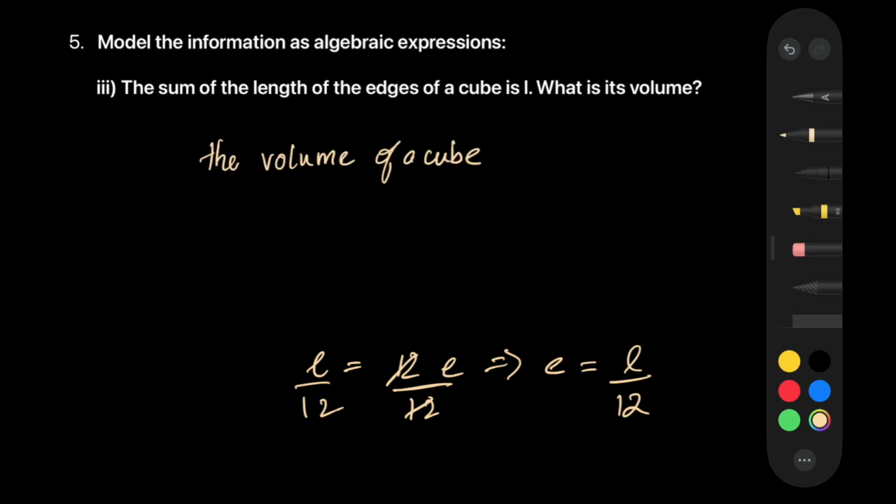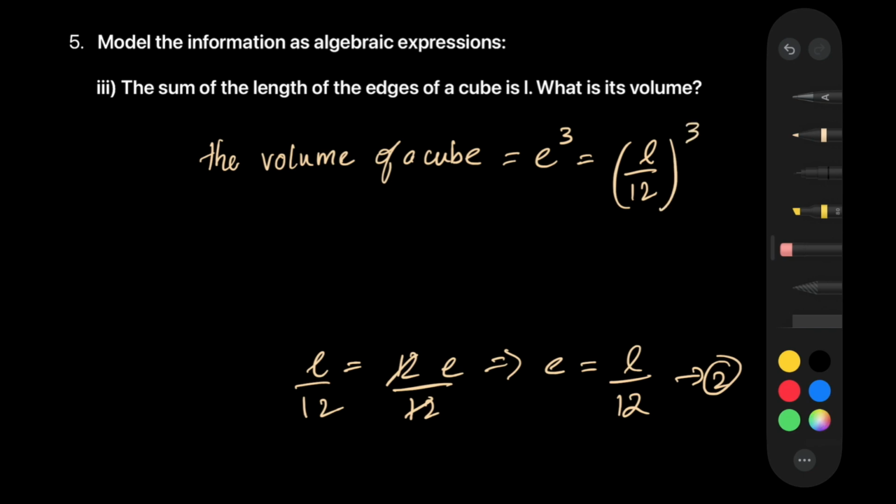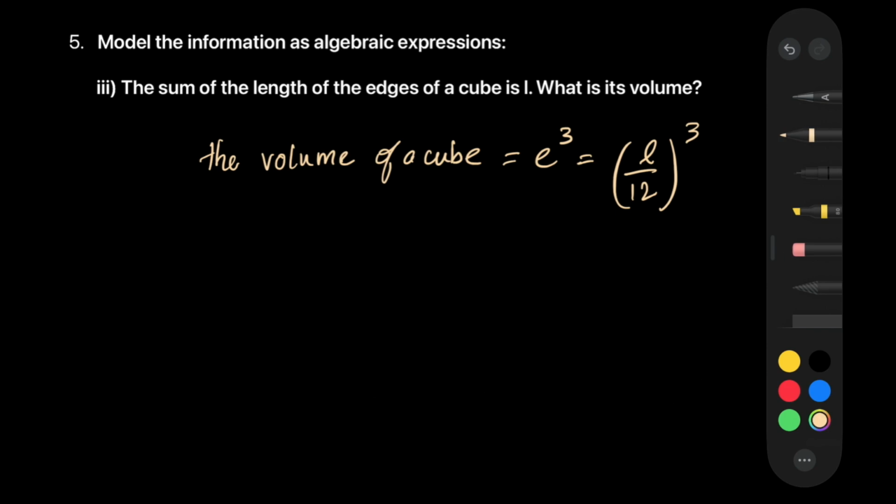The volume of a cube can be represented as E cube, which from statement 2 is L by 12, the whole cube. Let me clear this up. This can be written as L cube by 12 into 12 is 144.